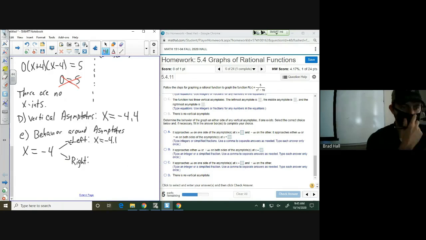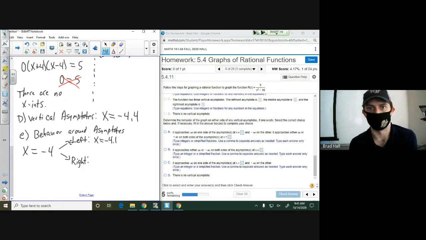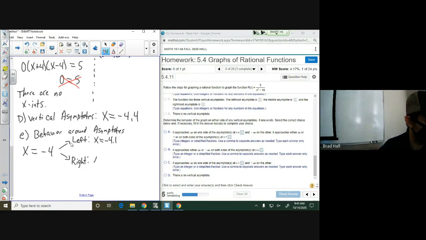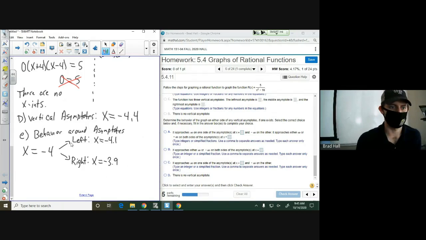For the left, I'm going to choose negative 4.1. It's really close to negative 4, but it's not quite negative 4, and negative 4.1 is to the left of negative 4. For the right, I'm going to choose negative 3.9. And what we're going to do for both of these is plug them in and simply see what kind of number we get.